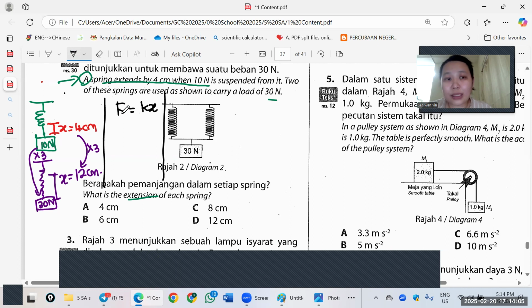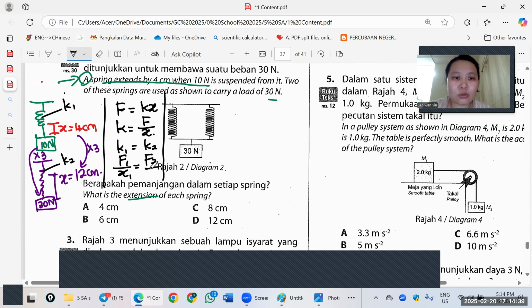This is the same spring, which means the spring constant K1 equals the spring constant K2, like simultaneous equations in maths. K equals F over X. Same spring has the same spring constant, so K1 equals K2, so F1 over X1 equals F2 over X2.